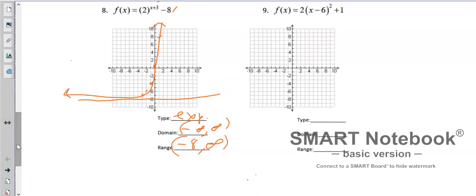is going to be a quadratic with that little 2 there. All right. It's going to be thinner. It's going to be right 6 and up 1. And this, if you think about, remember vertex notation, 6, 1 is our vertex because it's in vertex form.